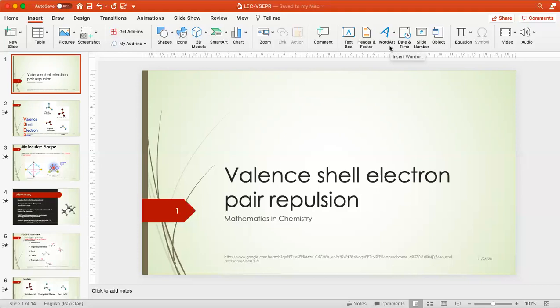The abbreviation VSEPR theory is based on the idea that there is a repulsion between the pairs of valence electrons.